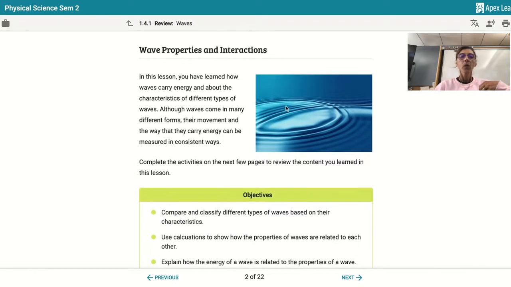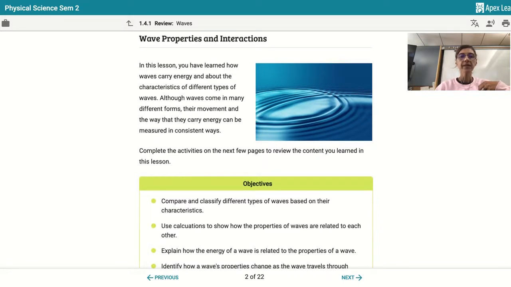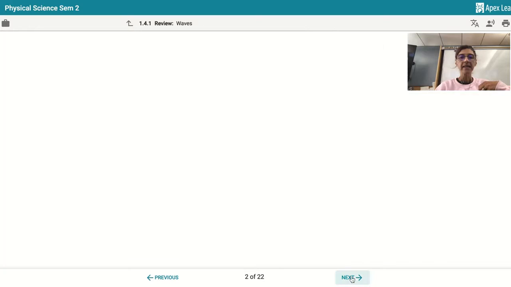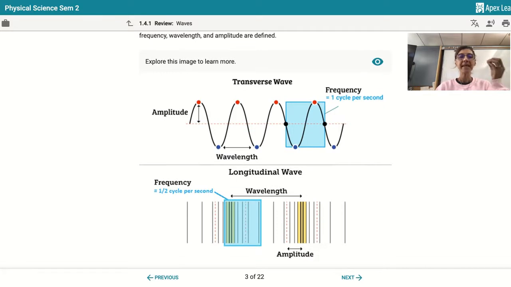So, wave properties is the first thing that you looked at in this unit. If we look at your different types of waves, there are two big umbrella categories that all waves fit into. All waves are either transverse waves or longitudinal waves. Transverse waves are like ocean waves, so they bob up and down.